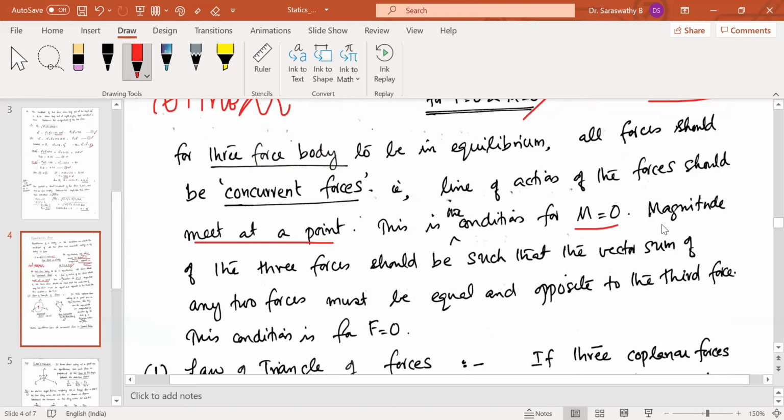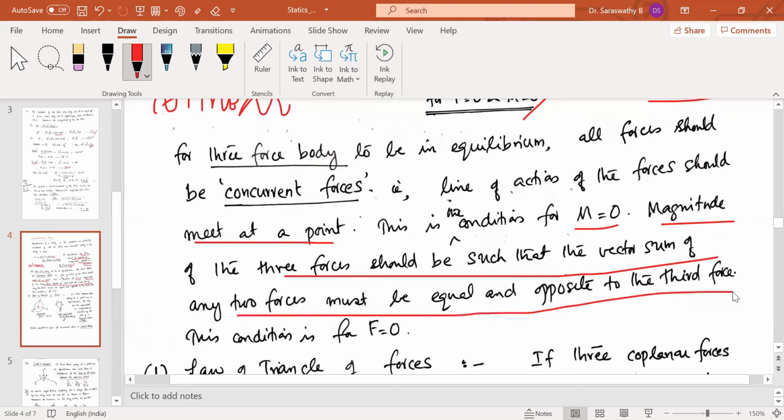And the magnitude of these three forces should be such that the vector sum of any two forces must be equal and opposite to the third force. That is the condition for the sum of forces to be equal to 0.